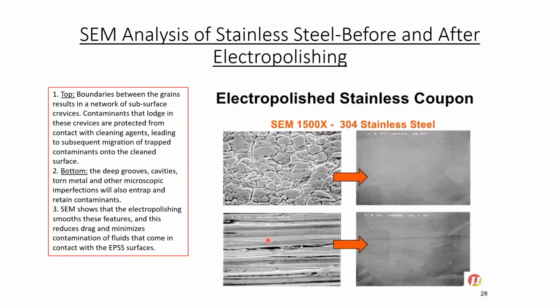In the bottom one here, the deep grooves, cavities, and torn metal and other microscopic imperfections will also entrap and retain contaminants for this topography. SEM shows that the electropolishing smooths these features, and this reduces drag and minimizes contamination of fluids that come into contact with the EPSS surfaces.